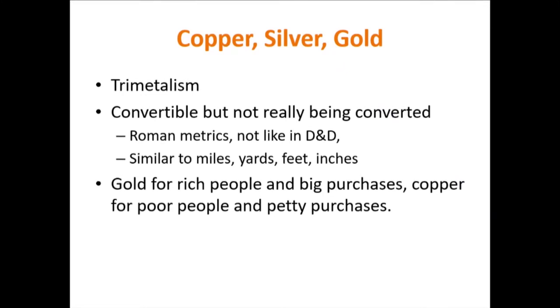They used the weird Roman metrics. The exchange rates were not in the decimal system. So it was not like in the game of Dungeons and Dragons, where, I don't know, 10 silver coins give you one golden coin.